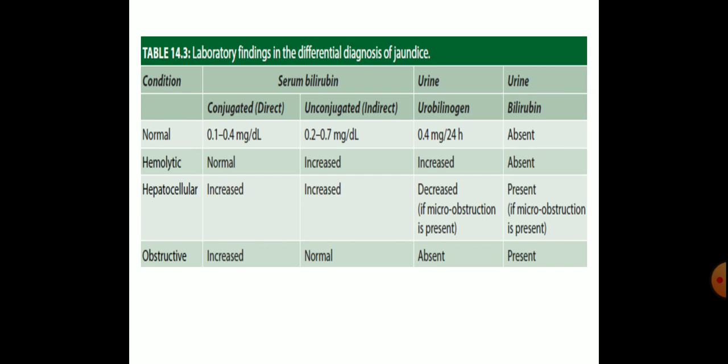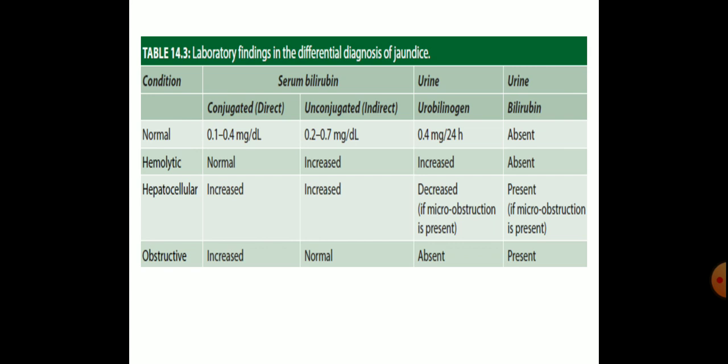Then the urobilinogen level in a normal healthy adult person is 0.4 milligrams in 24 hours urine, but in hemolytic jaundice these urobilinogen levels are increased, in hepatocellular jaundice it is decreased, and in obstructive jaundice it is totally absent.